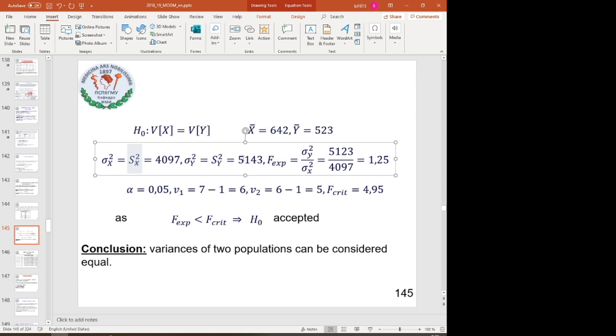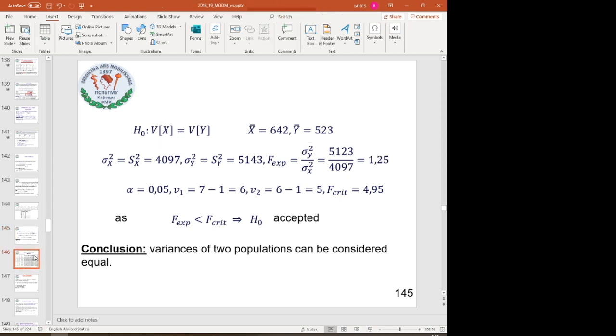For the animals that were fed usually, it is 5143. So if we divide, we get the ratio. The ratio is 1.25. Then our degrees of freedom is 6 for the first sample, the intervention group, and 5 for the control group.